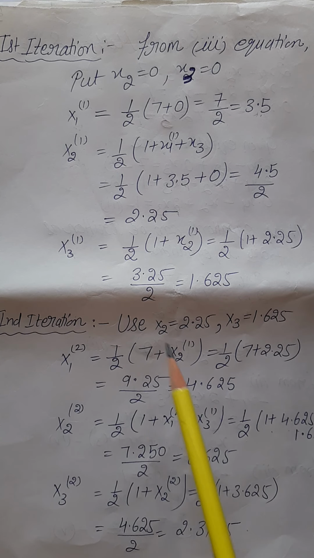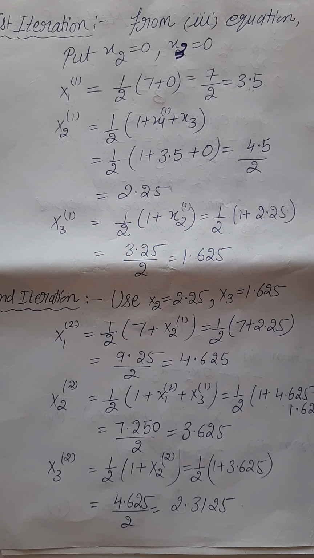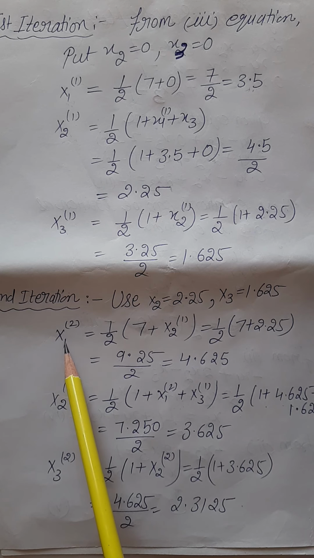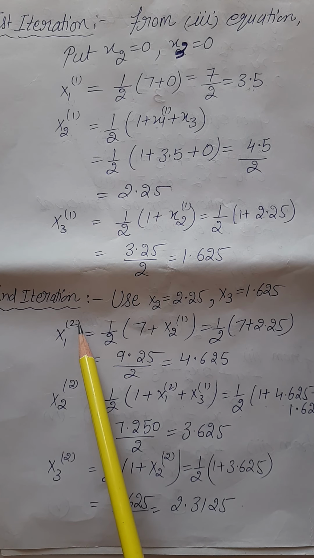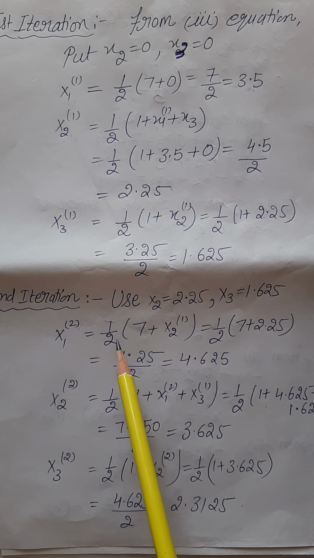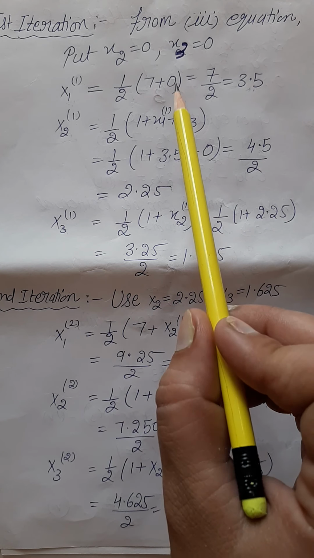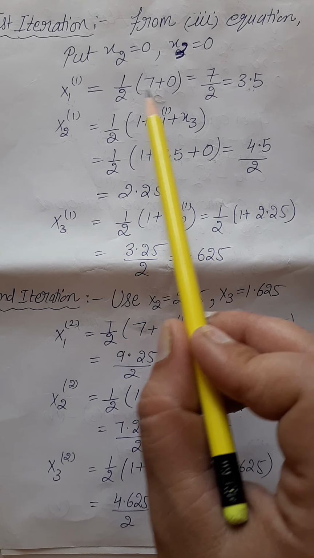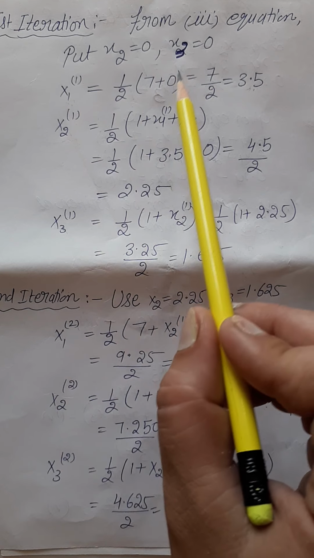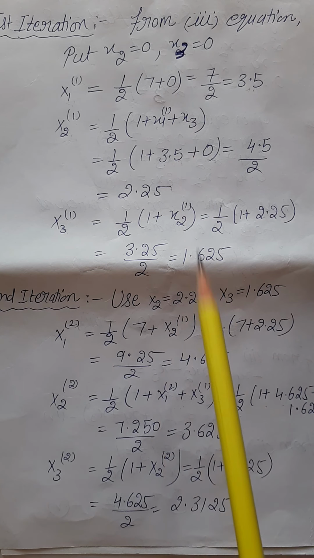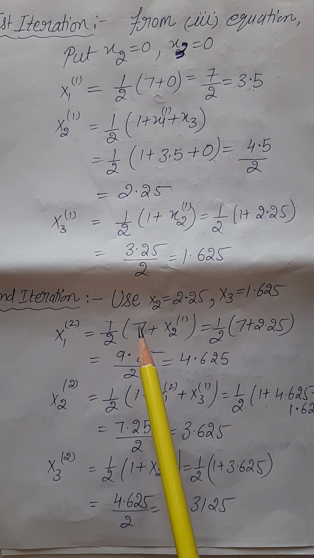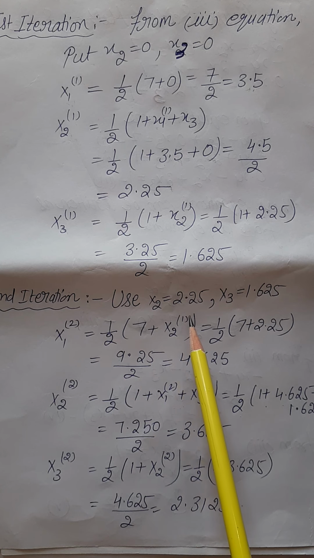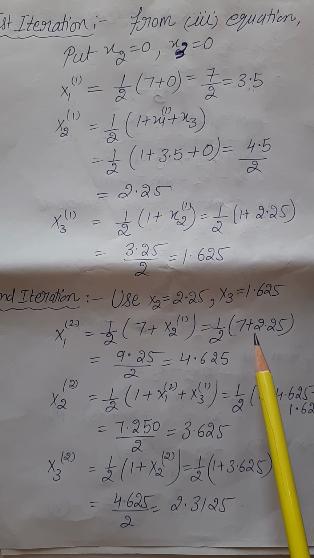For this, first of all, we denote our second iteration like this. We write here x1 to the power 2. And in the third equation, as previously, we put the value of 0 in the place of x2. Now we put the value of x2 to the power 1, that is 2.25.